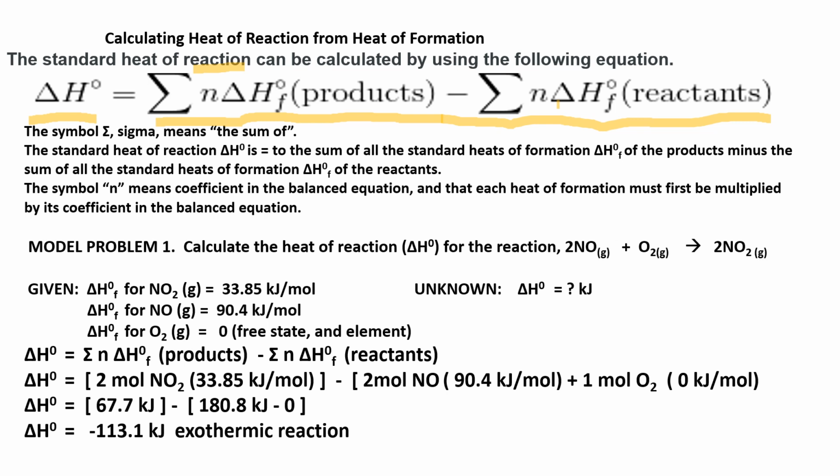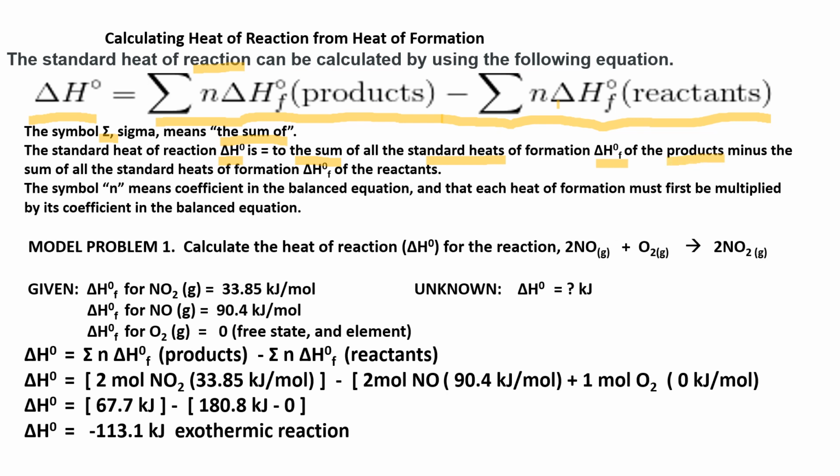The symbol sigma means the sum of. So that means you have to take the total, you have to add. Now, the standard heat of reaction is symbolized with delta H, and it is equal to the sum of all the standard heats of formation, the symbol is delta HF, of the products.